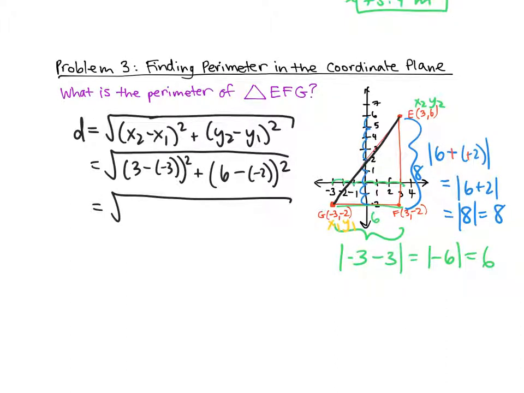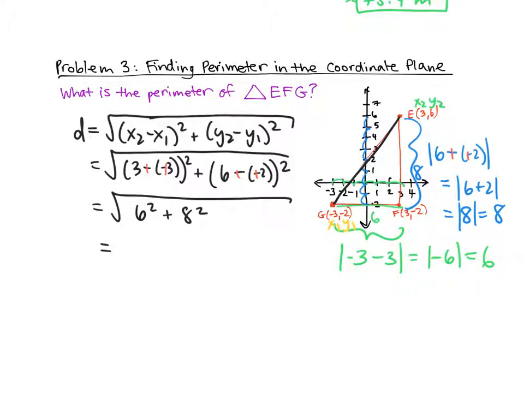So this is 6 squared, and this is 8 squared. And what do we notice here? This 6 and this 8 are what they are here. So we could also just use the Pythagorean theorem: 6 squared plus 8 squared equals this length squared, and you can take the square root of that.